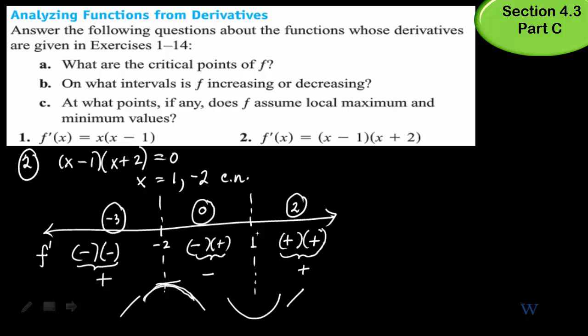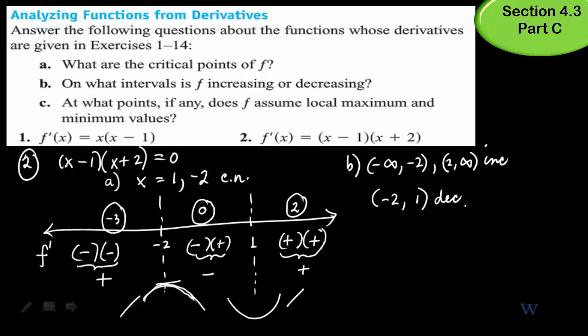So letter A gives us the critical numbers. Letter B tells us, based on our first derivative test by plugging in test points from different intervals, that from minus infinity to negative 2, and from 1 to infinity, it is increasing. And on the interval from negative 2 to 1, we see that it is decreasing.